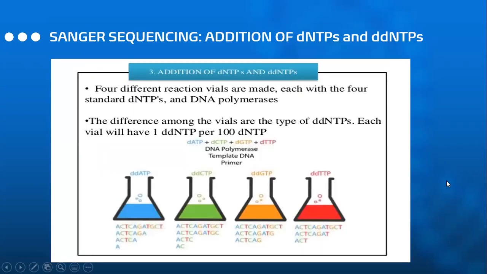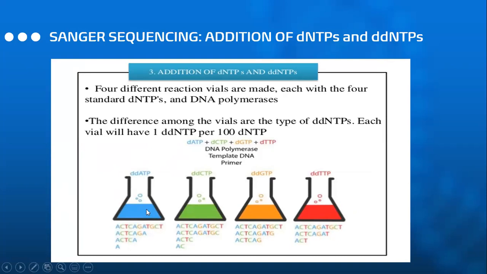Then coming to the third step, which involves the addition of dNTPs and ddNTPs. So we have 4 different reaction vials which are used, each with 4 standard dNTPs and the DNA polymerase. The difference between these vials is the type of the ddNTPs that are used.